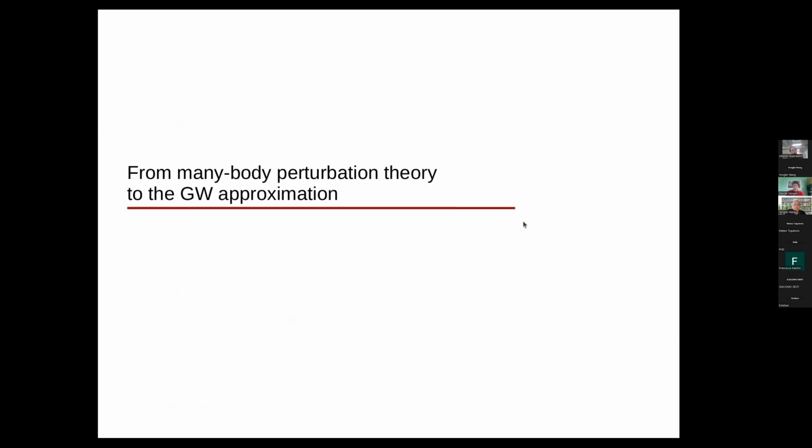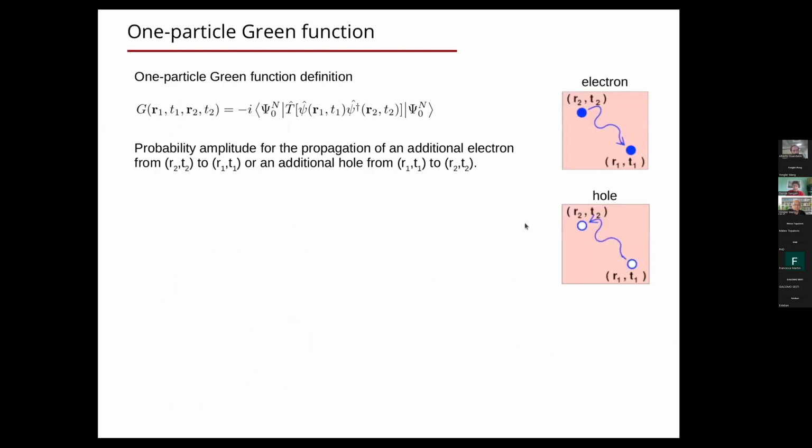So let's now move on to many-body perturbation theory. As Davide already said, the main quantity here is the one-particle Green function, which contains the information about the electron or hole propagation from one point in space-time to the other.